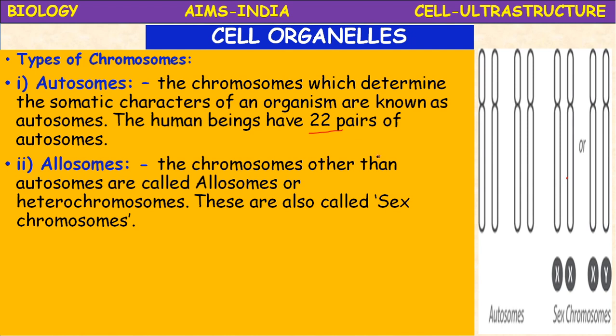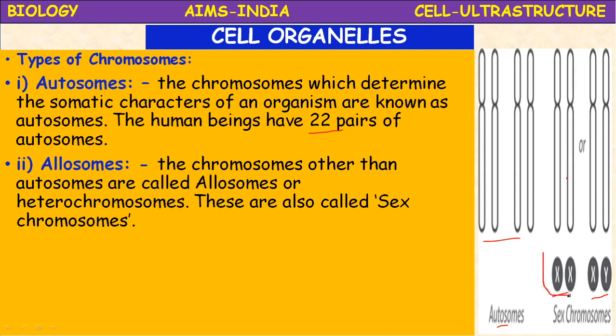In autosomes there is no specification, whereas allosomes are heterochromosomes. They are the XX chromosome and XY chromosome. XY chromosomes are present in the male and XX chromosomes are present in the female. That is called sex determination.